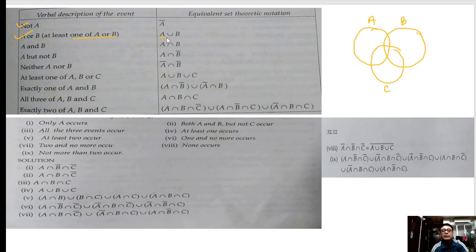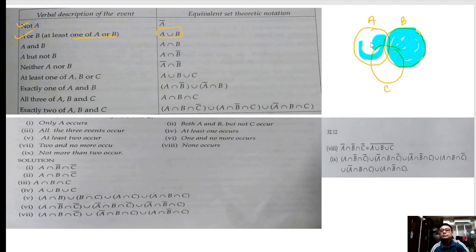So it is A union B. And what is A union B in this? It is this portion. This is A and this is B. A union B means at least one of A or B. Clear?